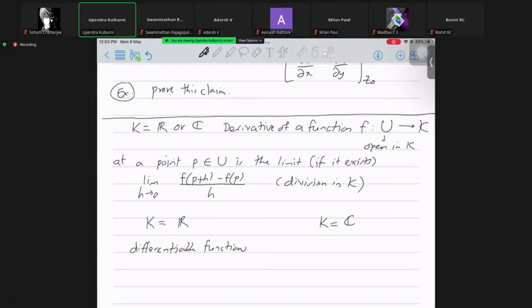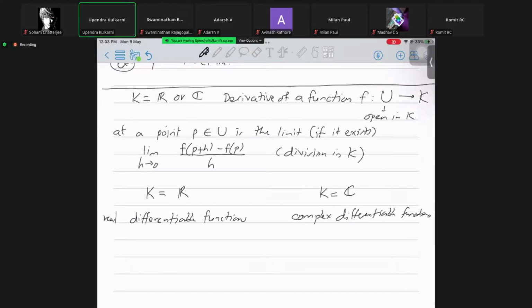So here and here we will say complex differentiable function. So real differentiable functions on an open set U. Now, we have seen a hierarchy here, right? C1 functions, which is to say that a function is differentiable, but the derivative is also continuous.